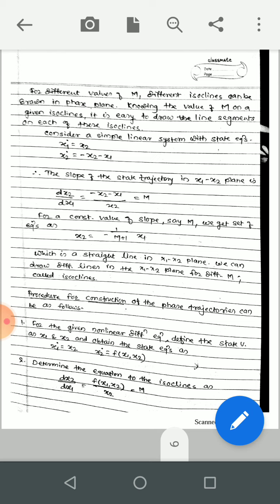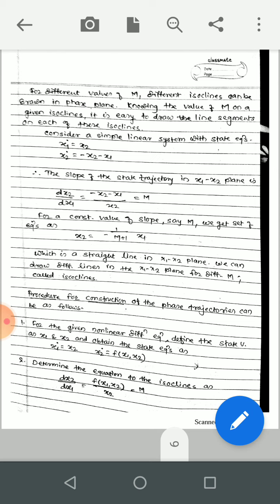The above equation gives the equation to the family of isoclines. For different values of m, different isoclines can be drawn in the phase plane. So knowing the value of m on the given isoclines, it is easy to draw the line segments on each of these isoclines. So consider a simple linear system with state equations x1 dot equal to x2 and x2 dot equal to minus x2 minus x1.